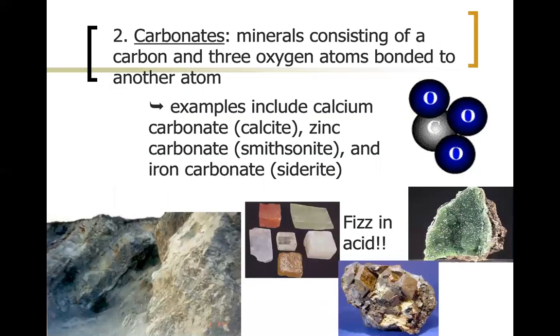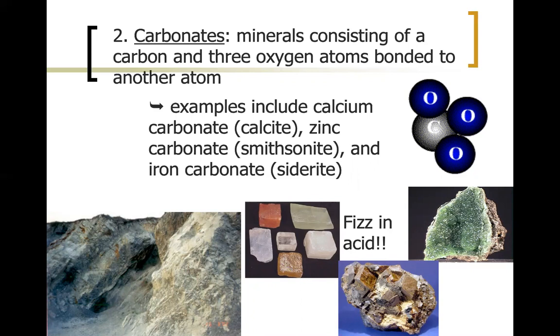Carbonates are interesting. We're going to actually do a little demonstration for you when we get to it. When there is calcium and oxygen in the same mineral, you can actually disrupt the bond that's holding them together with basically an acid, like hydrochloric acid, or even some strong fruit juice.